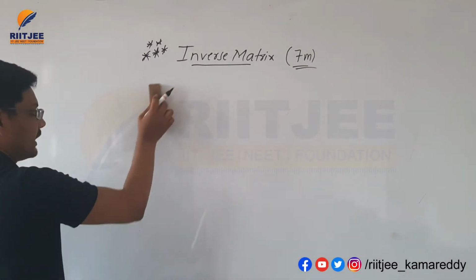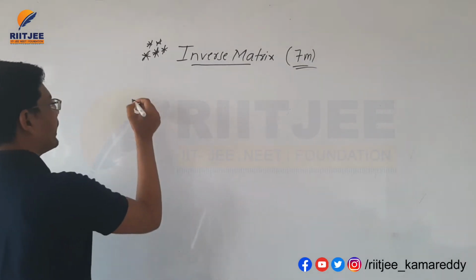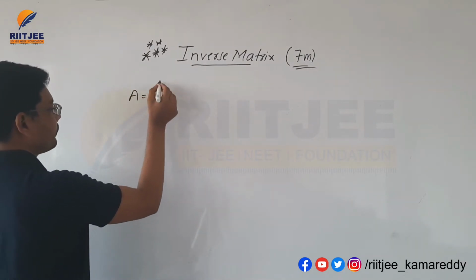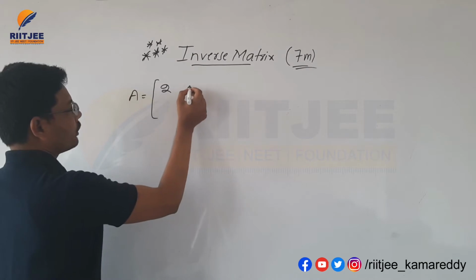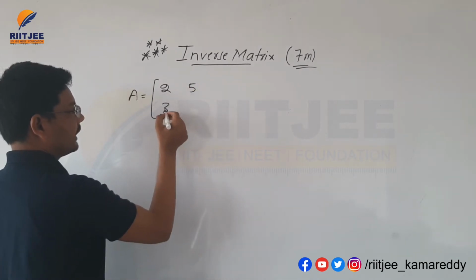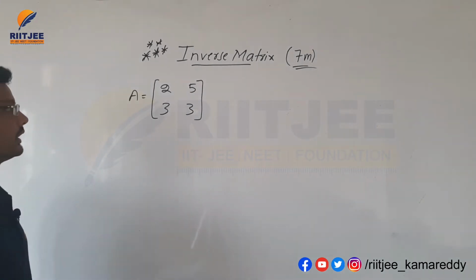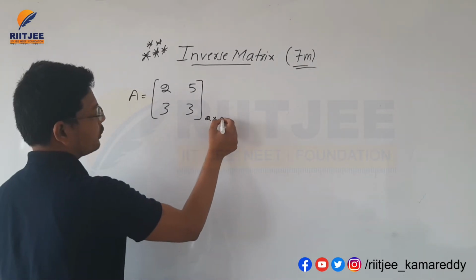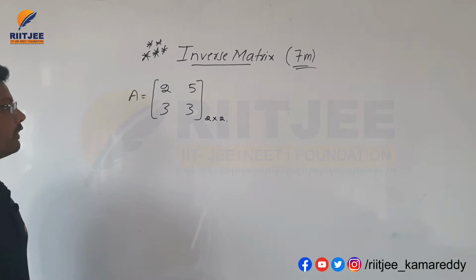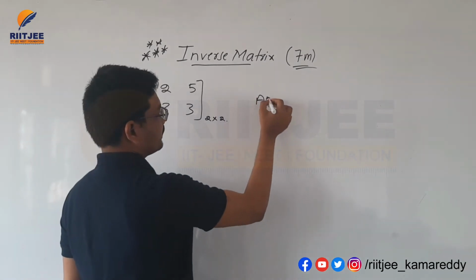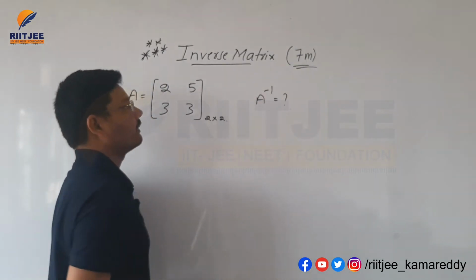A 2 by 2 matrix I am taking: A equal to 2 5 3 3, having an order of 2 by 2. Here we need to find A inverse, which is nothing but the inverse of a matrix.